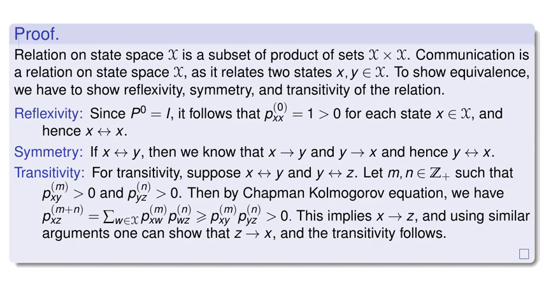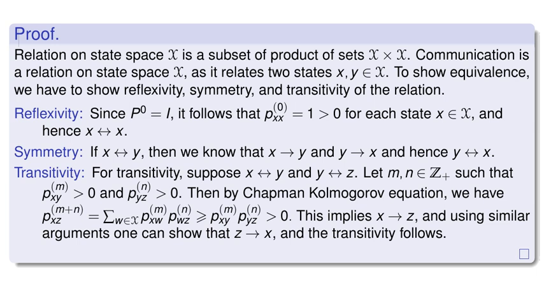Then, using the Chapman-Kolmogorov equation, the m plus n step transition probability from x to z, P sub xz superscript m plus n, is the sum over all states w in script X of P sub xw superscript m times P sub wz superscript n.